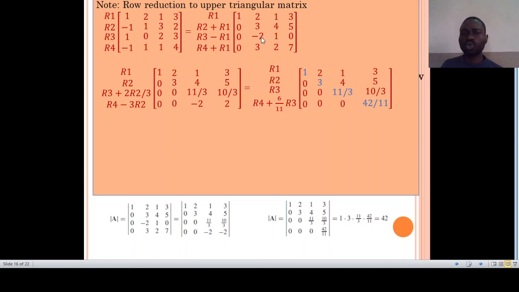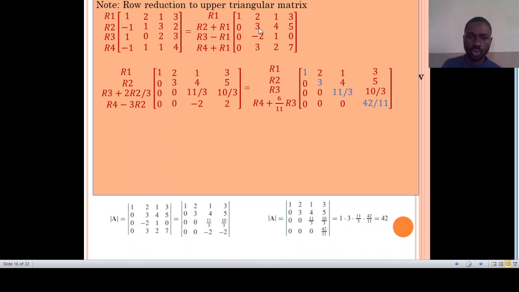I will advise you to use the row immediately above the concerned entry you want to convert to 0. Here's minus 2. I will advise you to use row 2 here in order to convert minus 2 to 0. How are you going to do that? You can get this done if you multiply row 2 by 2 divided by 3, which is going to give you 2 here.